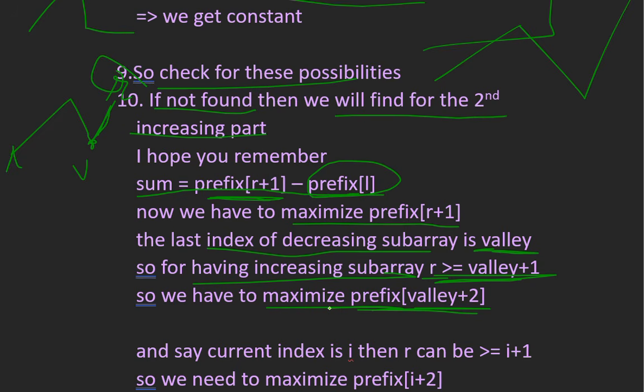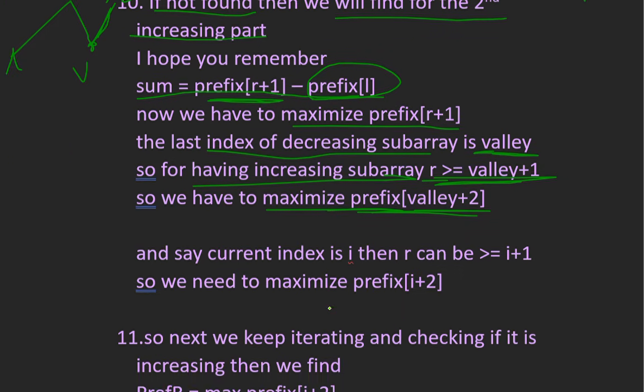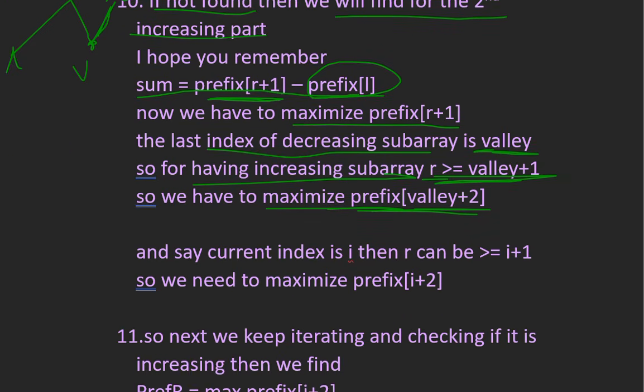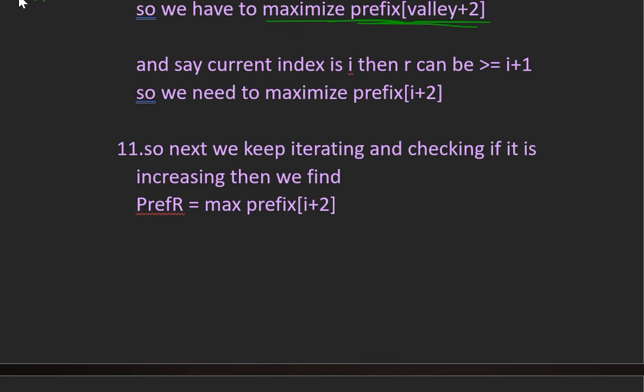So we have to maximize this, and say our current index is I. Then R can be greater than or equal to I plus 1. So we need to maximize prefix of I plus 2, that is the sum we need to maximize, right? So we keep updating our index and checking if it is increasing, then we find pref r, that is the maximum of prefix of I plus 2.